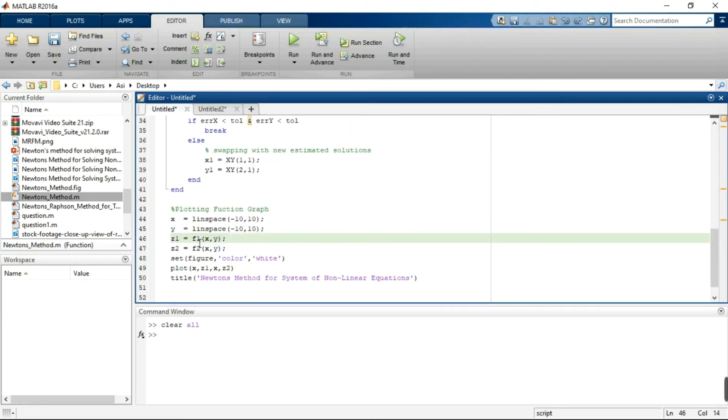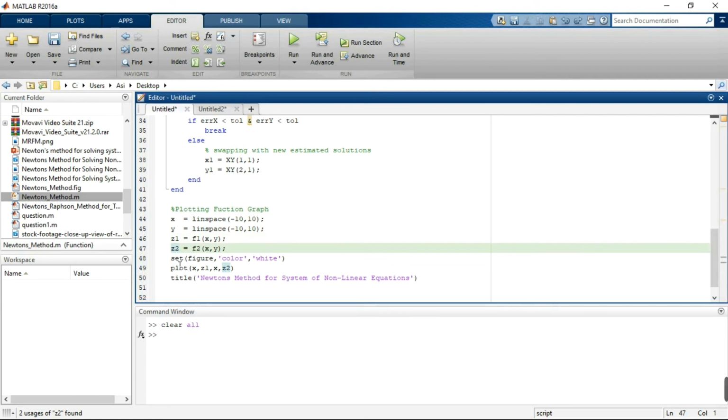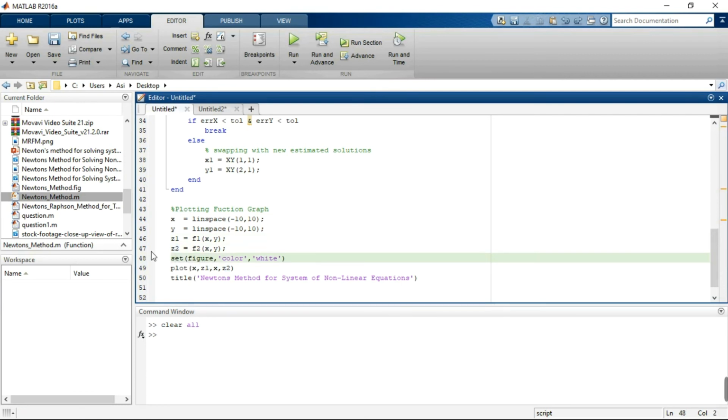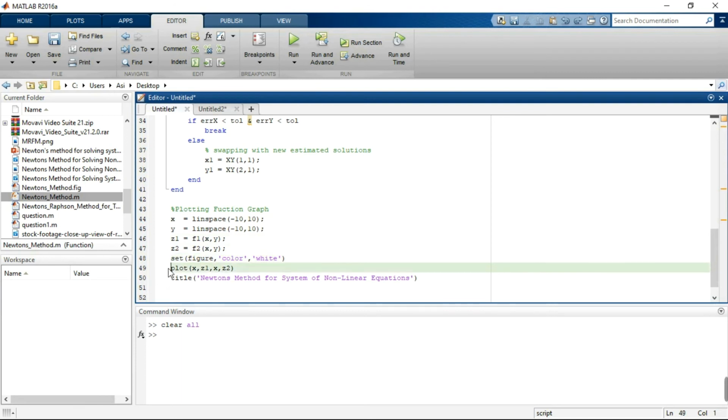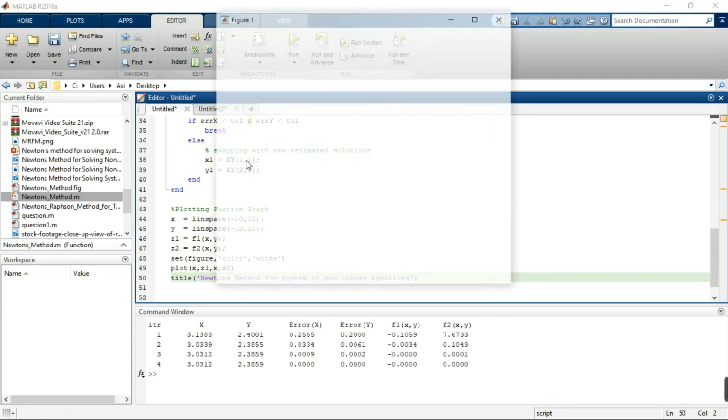We calculate the values using these intervals x and y. Similarly for the second, and this command we use for a white color figure, and then we plot our functions, and this is the title Newton's method for system of nonlinear equations. So let's try to run our MATLAB code.